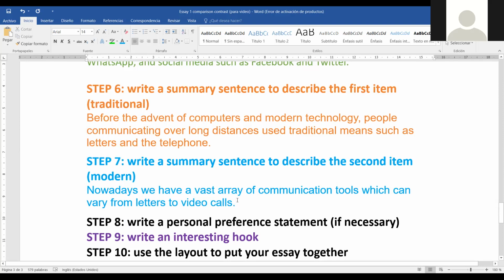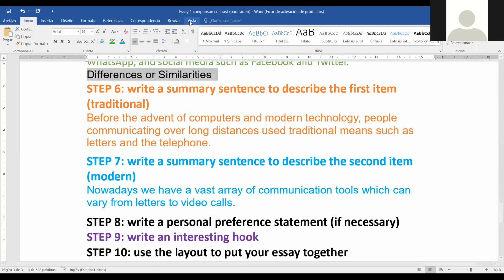Remember, in this part, we are not talking about differences. We are not talking about similarities. We are talking about traditional and modern means of communication. So I'm going to write here differences or similarities.